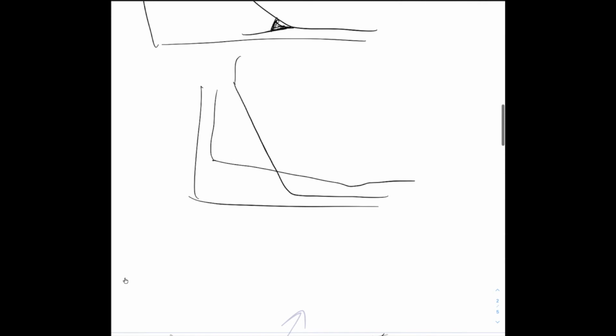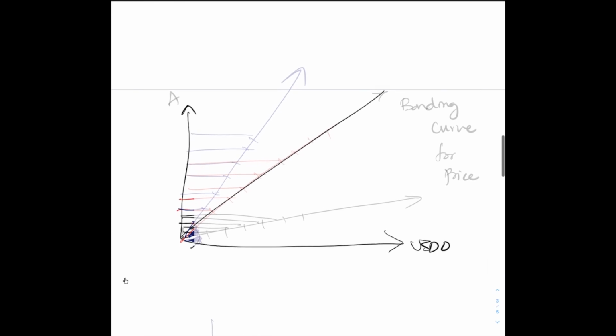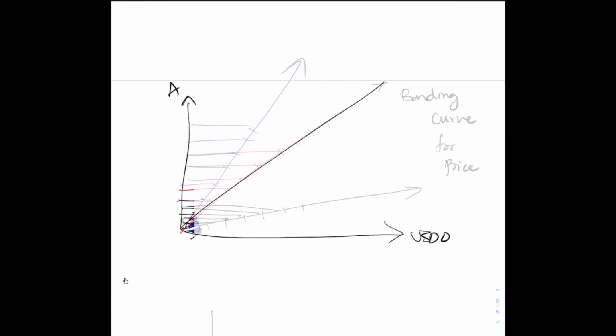So if it is something like this, okay, this is USDO, this is token A, then the slope of this line, which is the bonding curve now for price, determines the slippage levels. So the flatter this line is, for example, if it's like this, that means that every transaction has a lower impact because this is the price impact, okay?